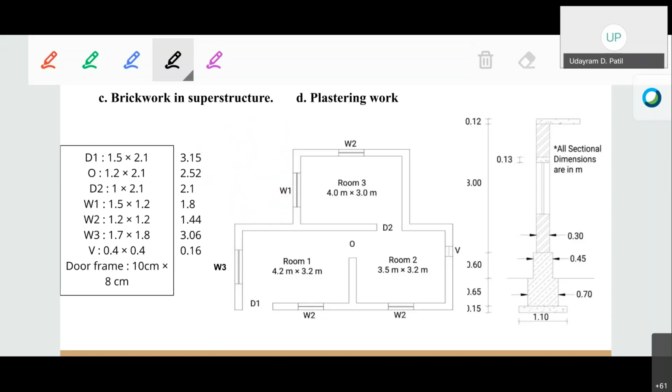So we have to calculate the width of this area. Therefore total width of the wall is 0.3 meter.